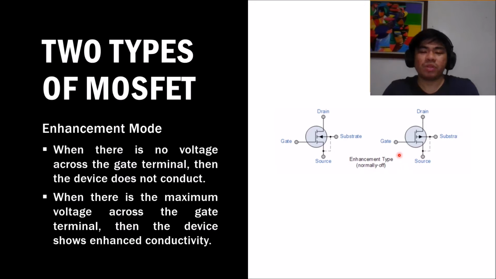Compared to depletion mode, which has a closed straight line, enhancement mode has a broken line. Before I proceed to the simulation, I use the N-type channel MOSFET, enhancement mode.